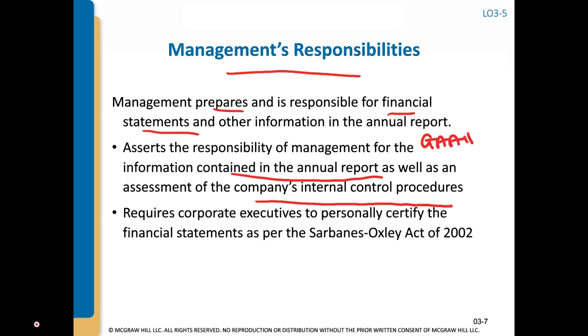Basically, they're asserting that all their financial statements conform to generally accepted accounting principles. And this certification is required per the Sarbanes-Oxley Act of 2002.